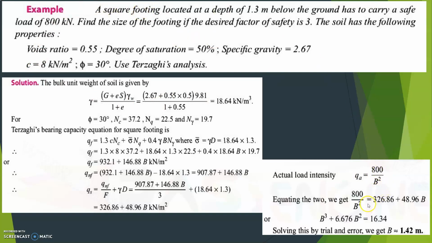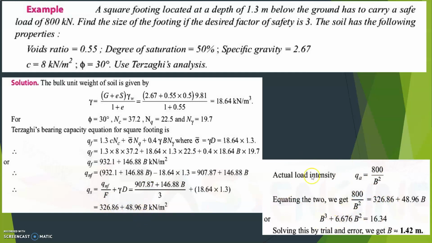Now we have the safe bearing capacity, so equate this and this value. 800 divided by B square is equal to 326.86 plus 48.96 B. So only one unknown.